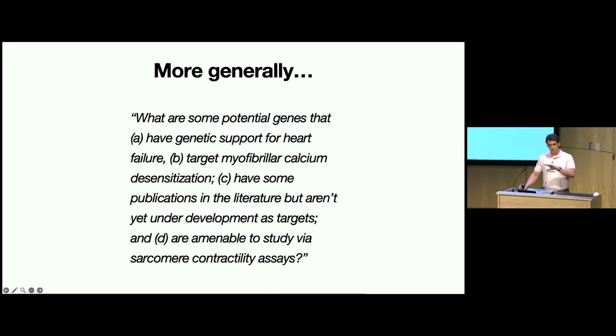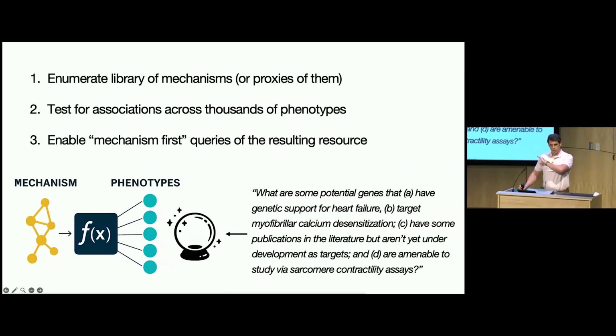So for a very complicated question like this, can we provide a resource that enables people to address it? I'm going to walk through a couple of steps of how we do this, and argue that with large language models and the amount of GWAS data that we have across thousands of traits now, it's becoming possible to provide useful answers to this sort of question.